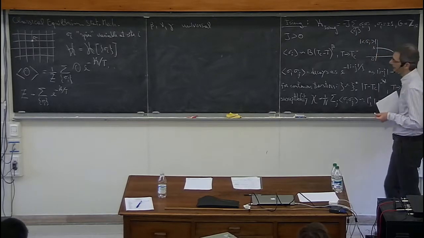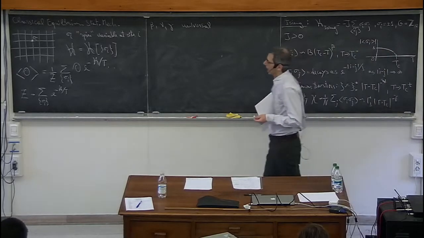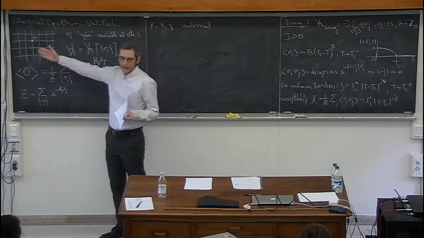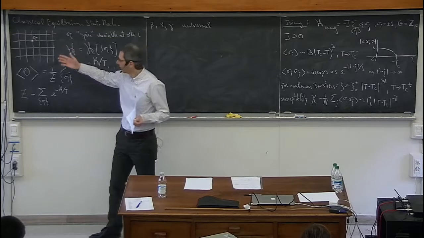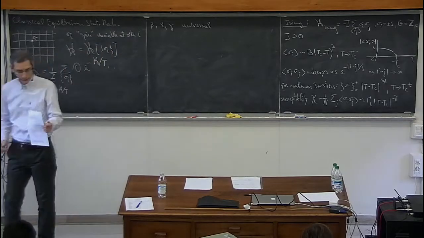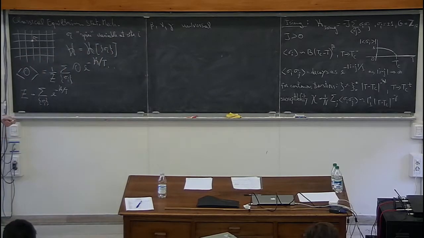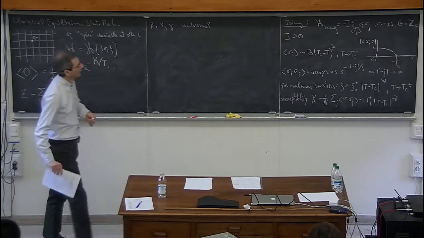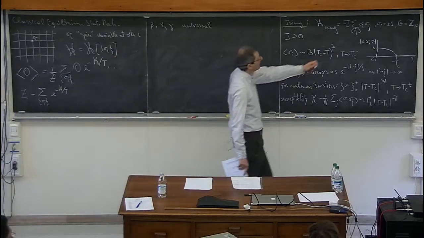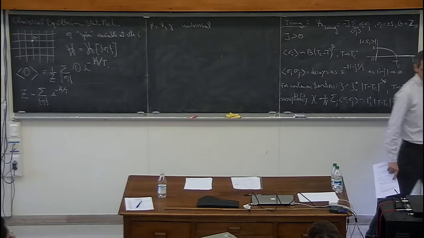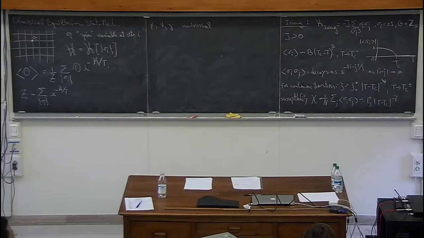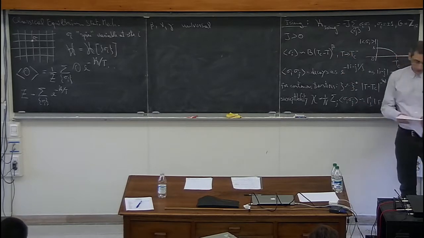By microscopic details, I mean the fact that we are on the square lattice rather than triangular or hexagonal. So they do not depend on the specific lattice. They do not depend on the fact that here we took nearest neighbors. We could add next to nearest neighbors interaction, and still you will observe the same exponents.